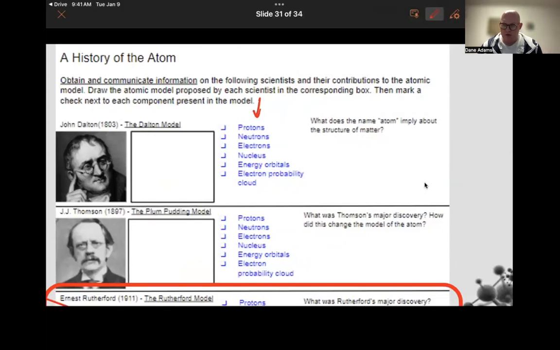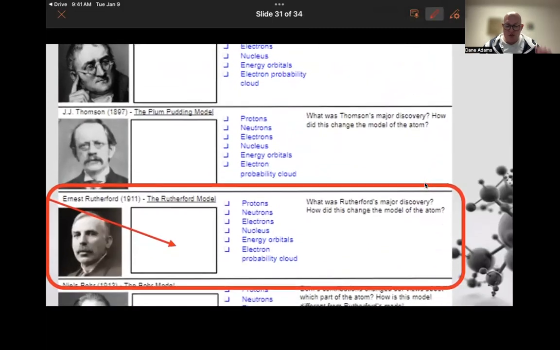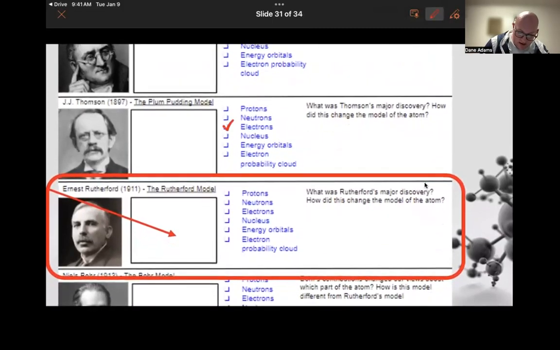If we think about the Dalton model, these are all different parts of an atom that we are now familiar with. Did Dalton have any of these in his atomic model? No, he didn't. He just had an indivisible sphere. So I'm not going to put a check next to any of those. Next to the Thomson model, I can put a check next to electrons. Okay.